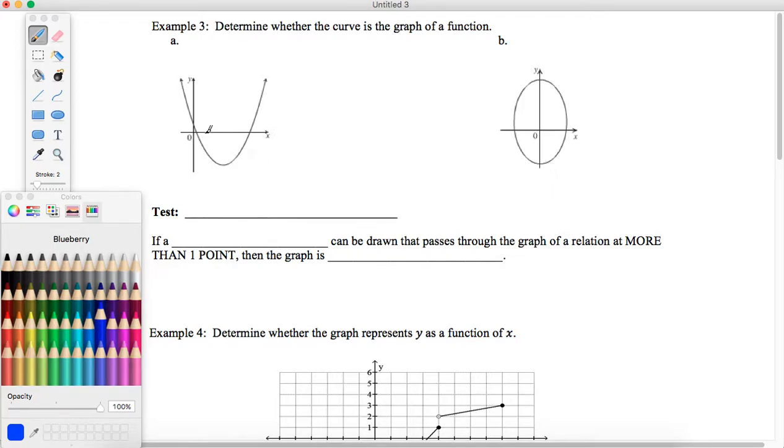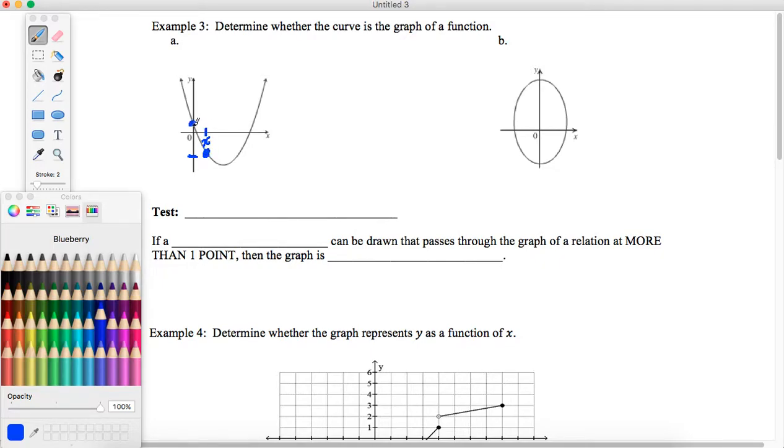That means if I look at some x value here, this is the corresponding point, and for this x value I can only have one y value here, right? There should not be another point with this same x value but with a different y value, okay?